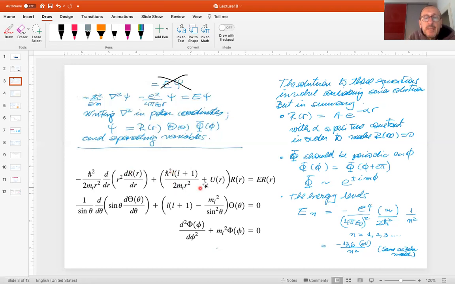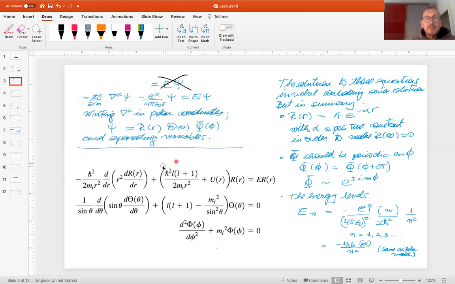This term here is added to the potential somehow, and look at the shape it has. This thing here on top has units of the square of the angular momentum divided by r squared. Okay, so this thing over here is a potential barrier. It's a centrifugal barrier, meaning you add something to the potential simply because the particle that you are looking at has some angular momentum. And I'm going to come back to this.